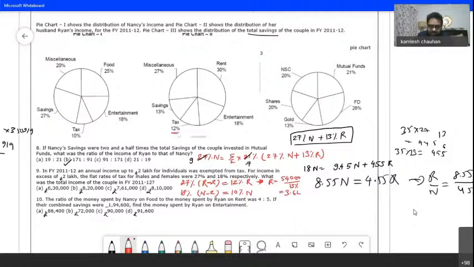Same number for Nancy will be 8% equal to 3.6. So 8% is equal to 36,000, which is giving us 4.5 lakh. So their combined income is how much? Option B, 8.10. Everyone, any doubt? Question number 9.